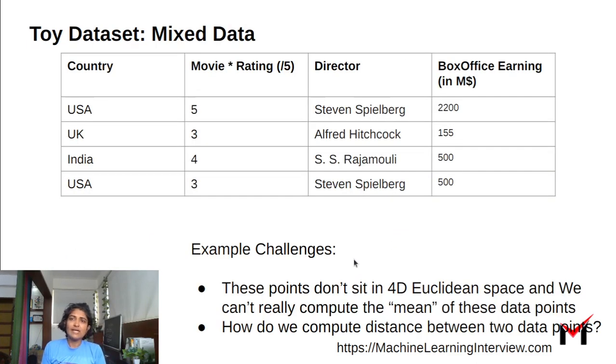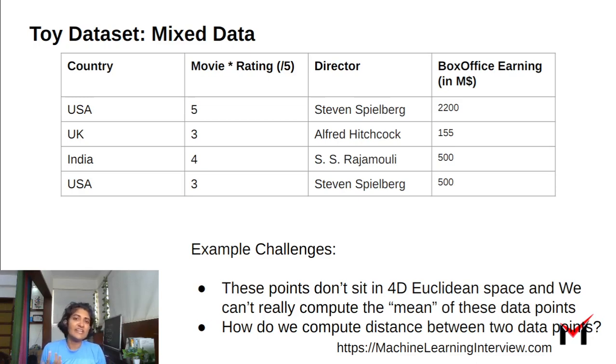Okay, now you have this toy data set and you have these 4 features. What are the challenges working with this data? The first thing you can think of is that let's say you want to apply an algorithm such as k-means clustering to this data. You cannot directly do that because one of the steps in your k-means algorithm is to find the centroid of the points in a particular cluster to get the new mean, right?